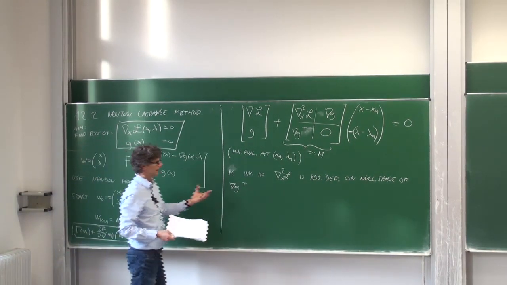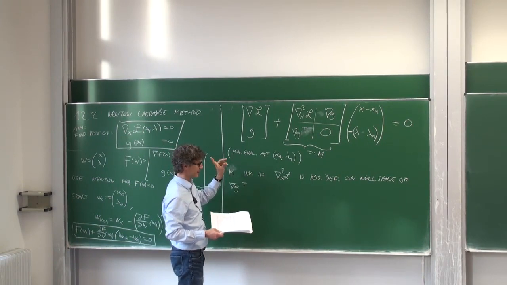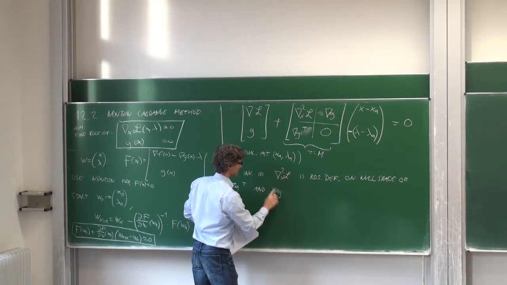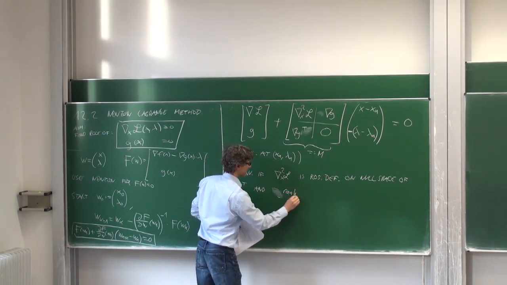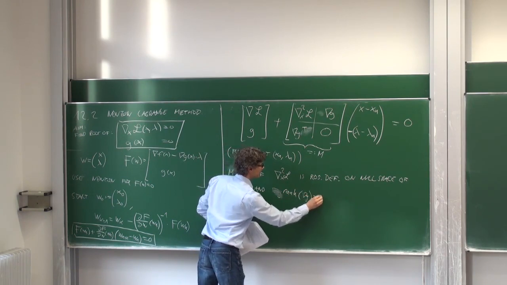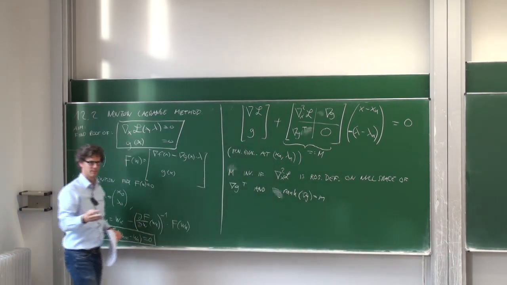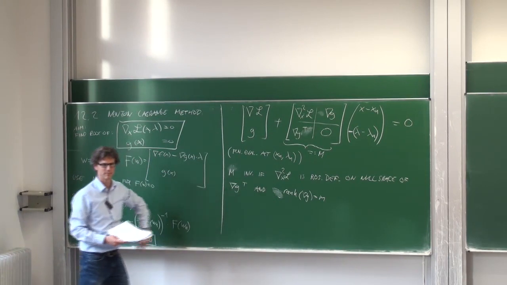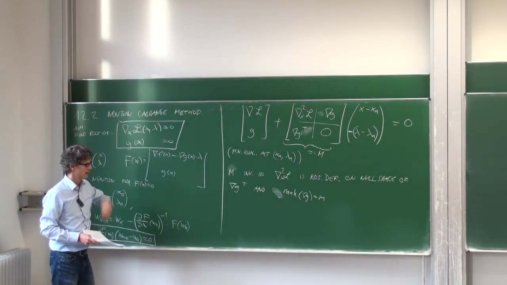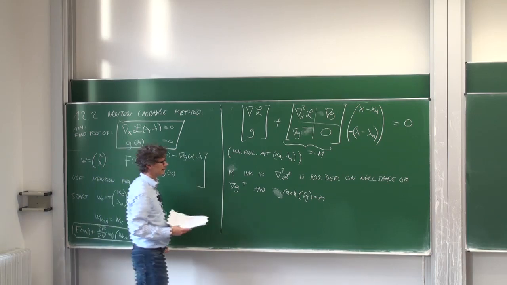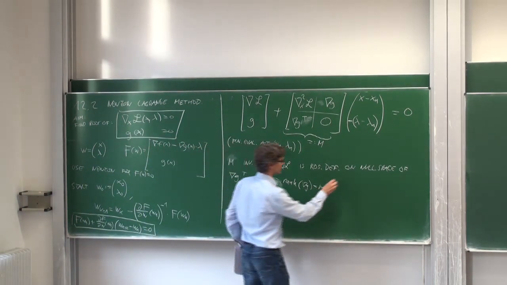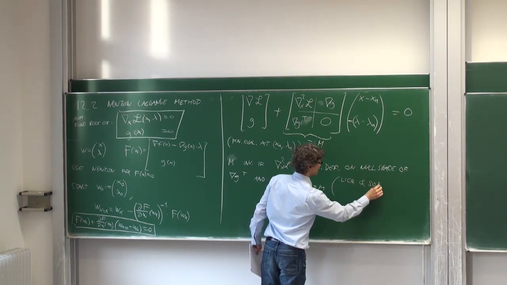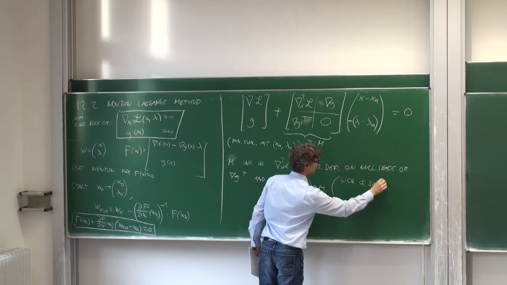And of course we also need that nabla G has rank equal to M. That means it has full rank. So all the columns of nabla G, or the rows of the transposed version, are linearly independent of each other. Then it is invertible, and this is exactly LICQ and second order sufficient conditions.